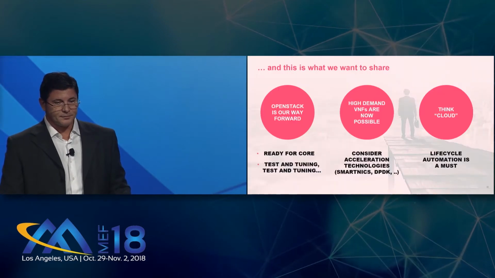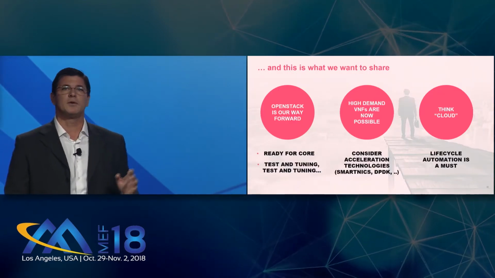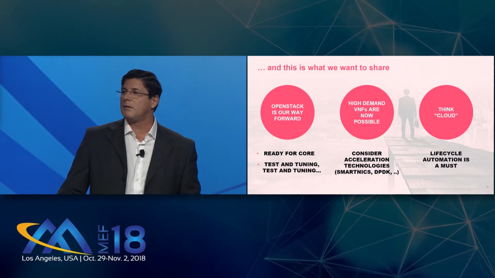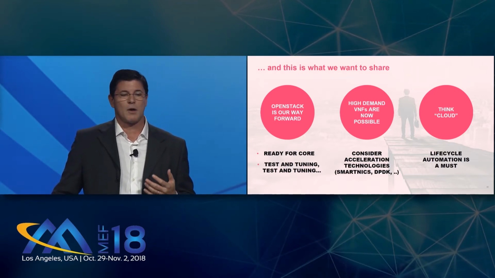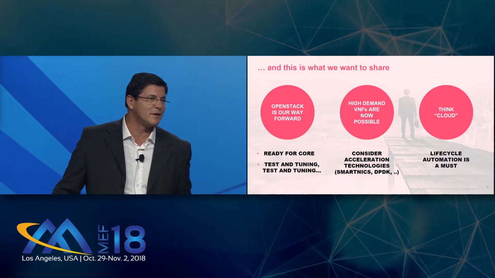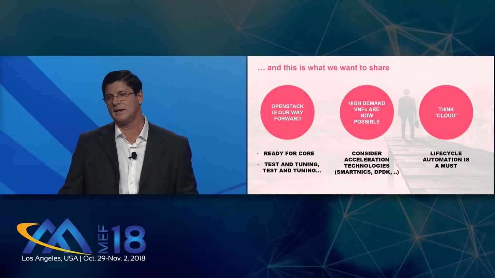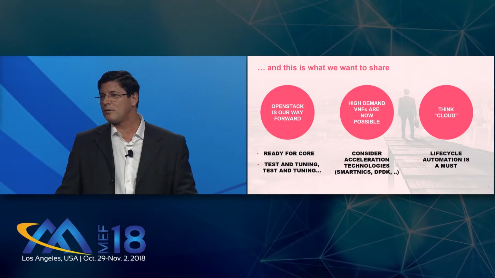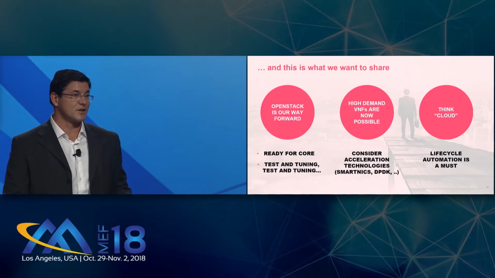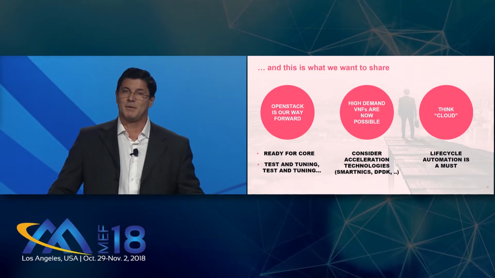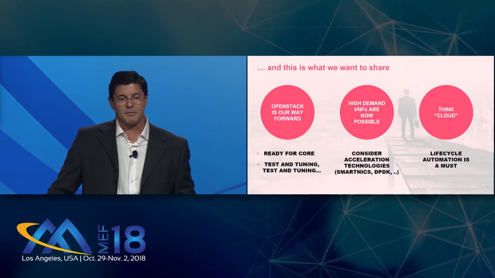So, if I want to summarize for you, my advice is that really OpenStack is our way forward. And of course, you have probably heard about the recent acquisition of Red Hat by IBM, and it's clear that OpenStack is really the future. At least there are many people that believe in it, and we are among them.